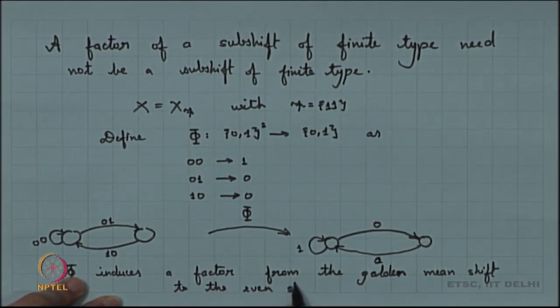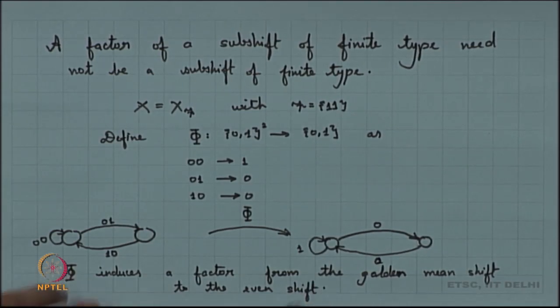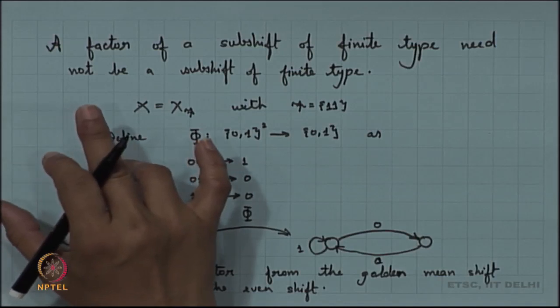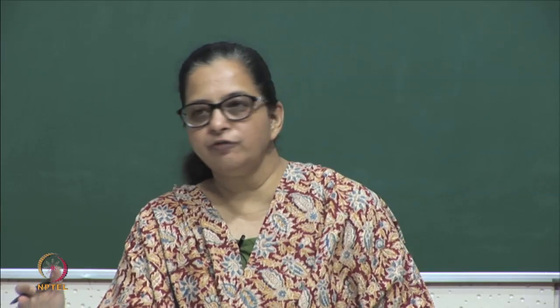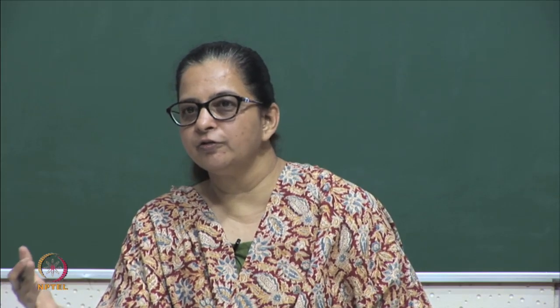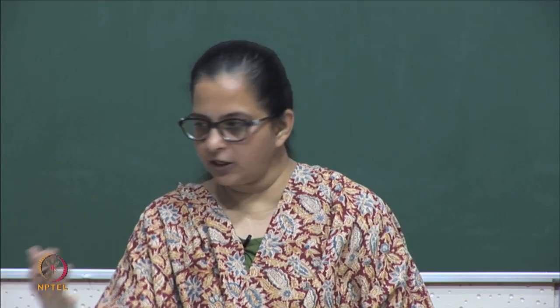So, the even shift can be realized as a factor of the golden mean shift. Now, we know that the golden mean shift is a subshift of finite type, whereas the even shift is not a subshift of finite type. So, a factor of a subshift of finite type need not be a subshift of finite type.